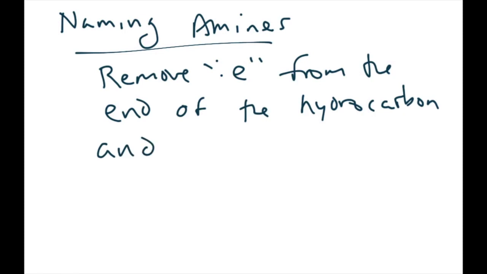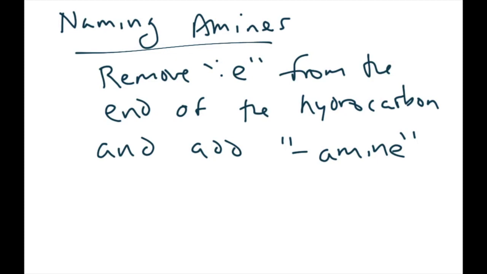And add, brace yourself, amine. So when you have an amine, you put amine at the end of the name. You're 100% not allowed to forget that one. That one's just low-hanging fruit.